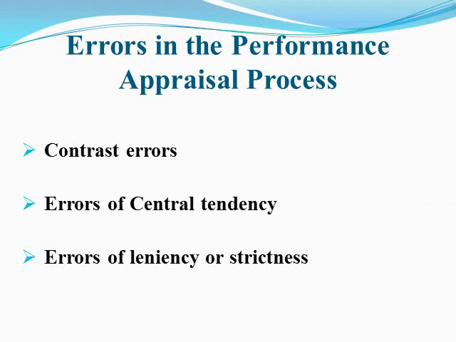And finally, the errors of leniency or strictness. Here the raters place every employee at the high or low end of the scale, regardless of the actual performance. If I start with the leniency error, here the managers tend to appraise the employee's performance more highly than they really rate compared with certain objective criteria.